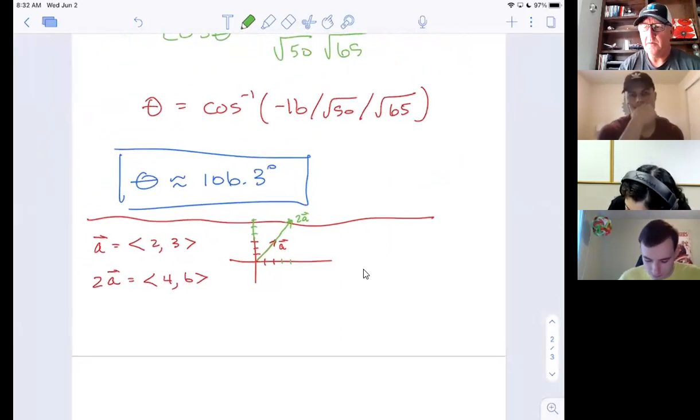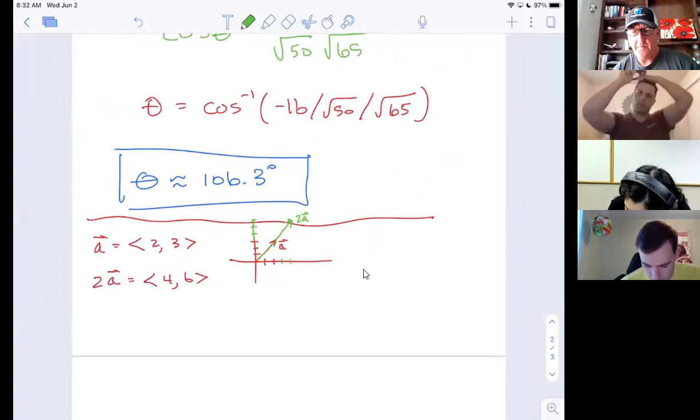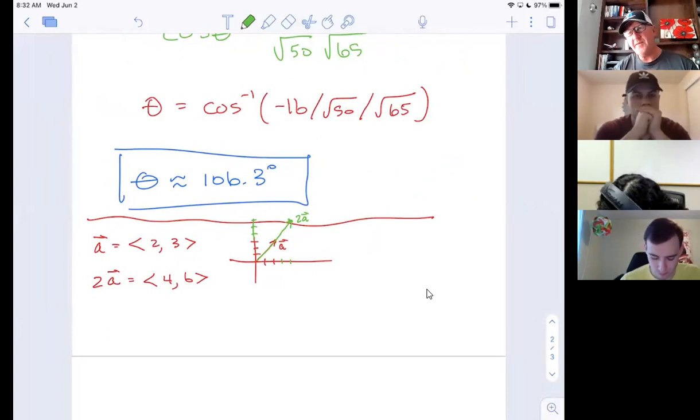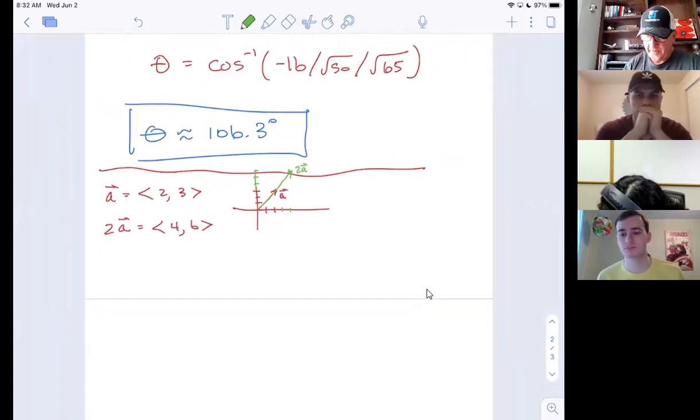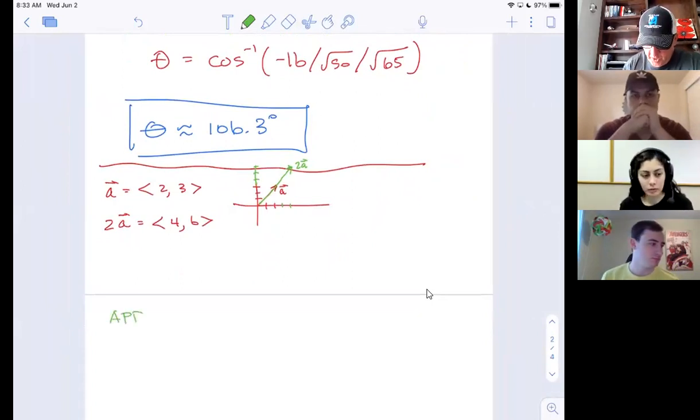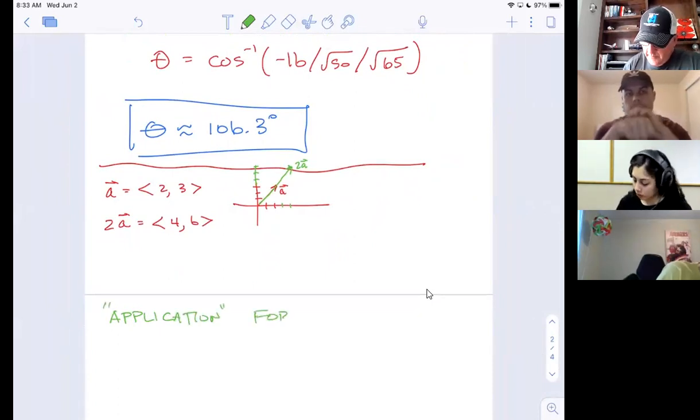Now, here's one. Let's do that again. So here's one side benefit to this, or kind of an application, in quotes, for the dot product.